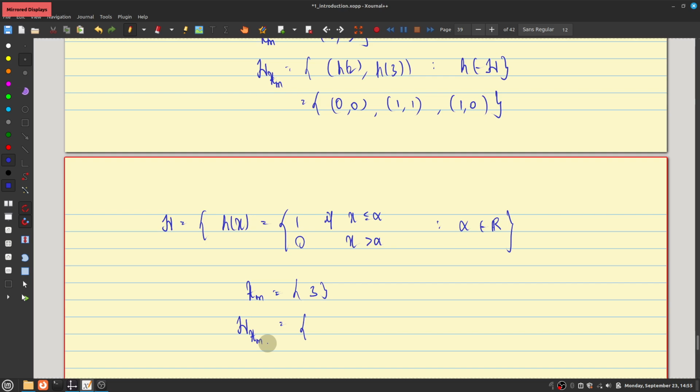Yeah. Anything less than 3 is fine, right? Is there something that gives me 1? Yes. Anything greater than 3 works. So in this case, it is the set of all functions from X_m to {0, 1}. So in this case, H shatters this particular X_m.